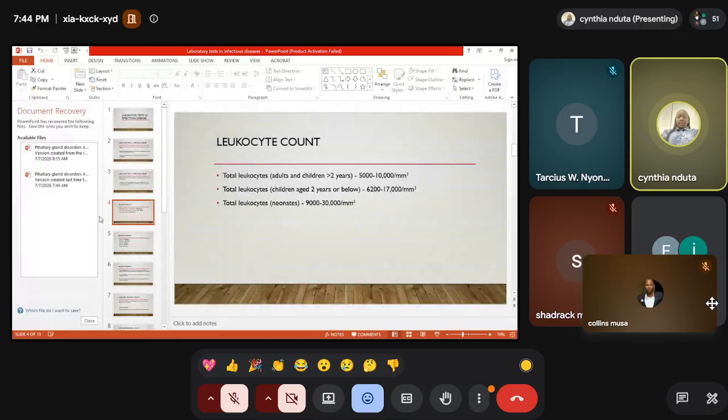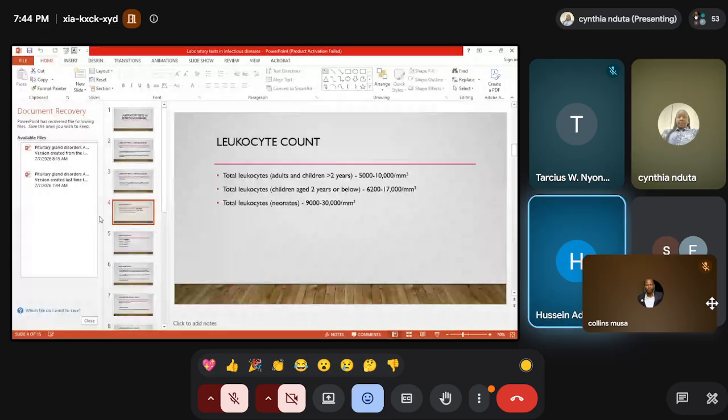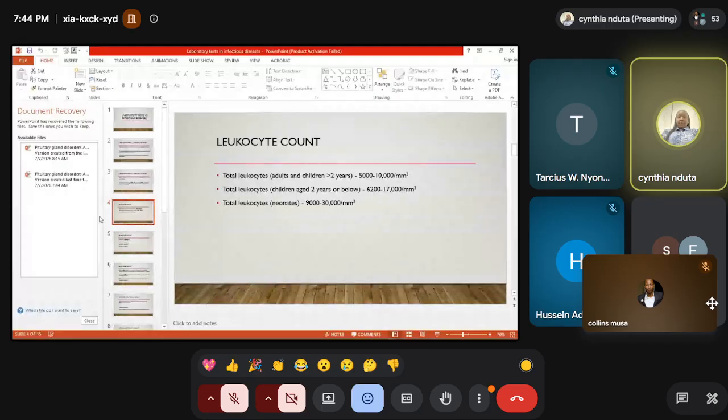Which of these groups has the highest leukocyte count? Is it the adults or is it the neonates? Neonates. Yes, the neonates have a very high leukocyte count, and therefore, even if you receive a leukocyte count of 27,000 for a neonate, you should not flag it as an infection. You should know their range.